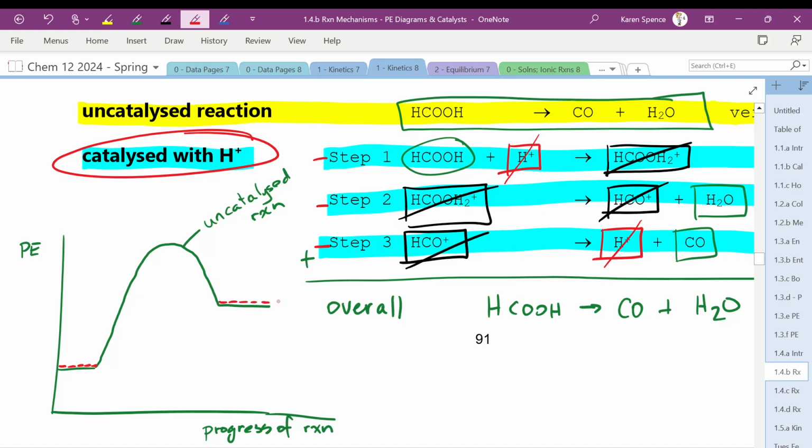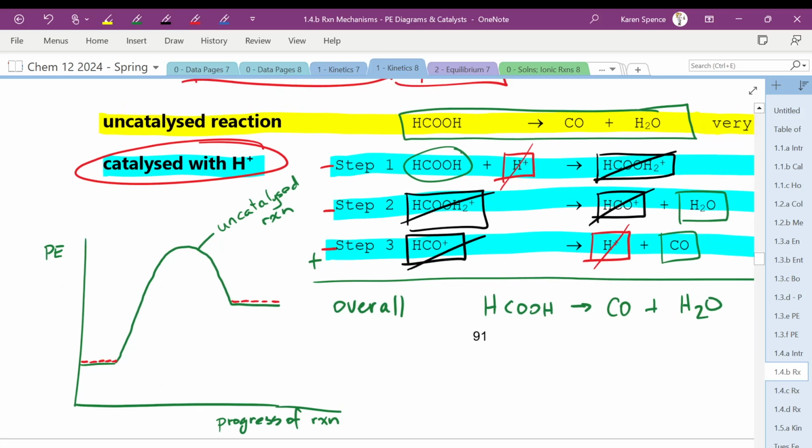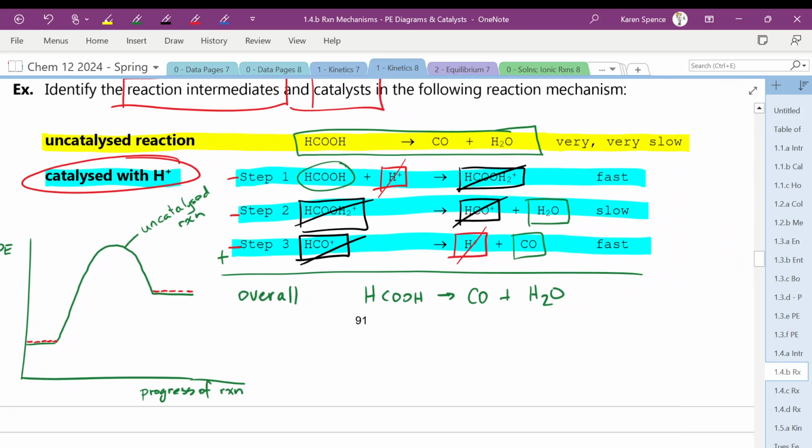Now, what should happen to the height of the peak? It should be lower. And should we have one peak or more than one peak? More than one. How many should we have? 3, because there are 1, 2, 3 steps, so we need 3 peaks. And which peak should be the highest?